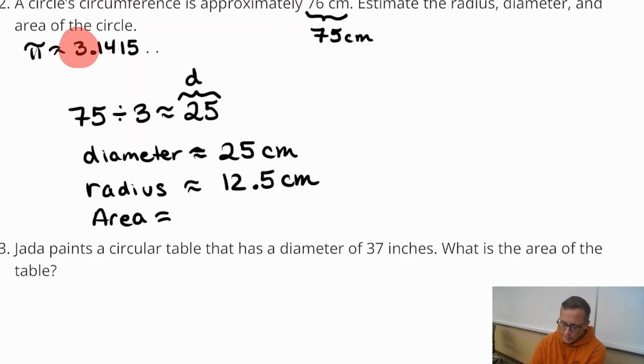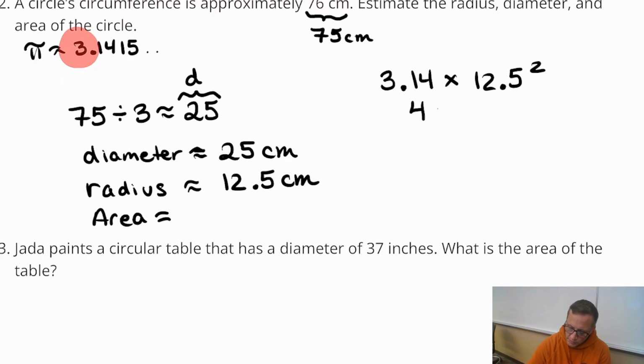Now the area is pi times radius squared. So 3.14 times 12.5 squared. So I'm going to use my calculator for this. So 12.5 squared times 3.14.